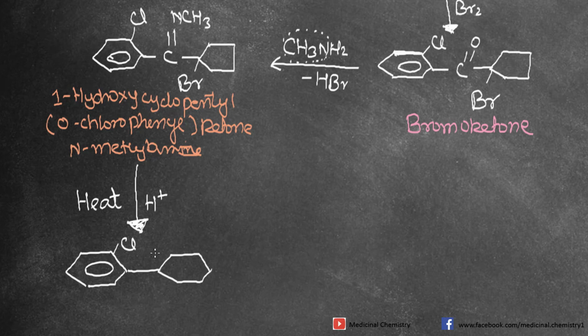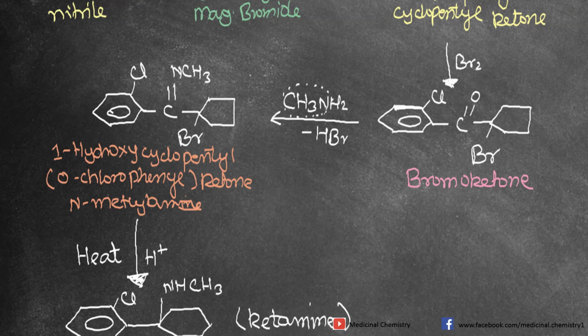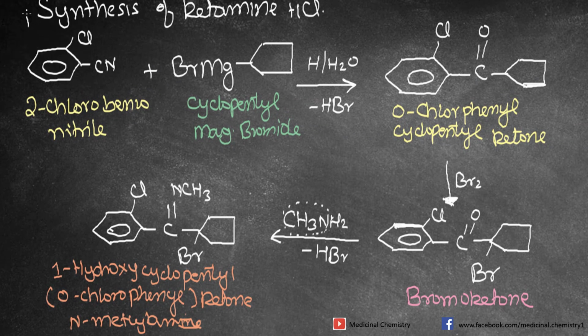Finally we have a cyclization reaction, where the parent compound is the same, and instead of the OH we have a carbonyl carbon and NCH3. So this is all about the synthesis of ketamine. I hope this makes sense. The only issue is with the Br, and I will tell you how to manage it.